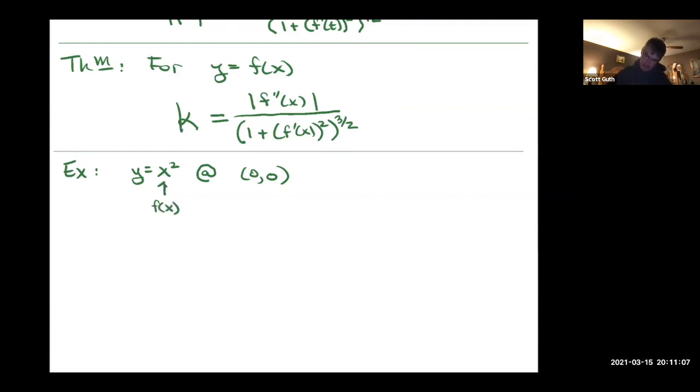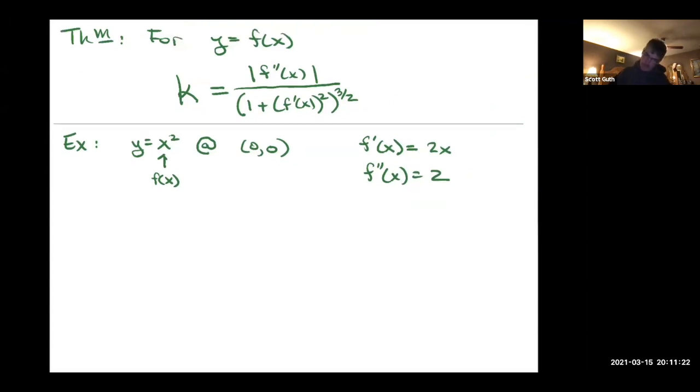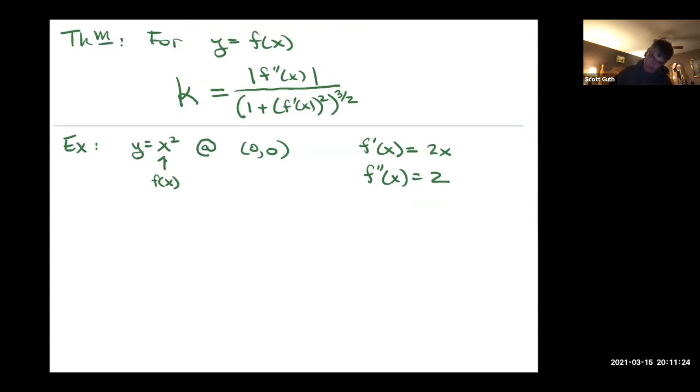So f prime of x is 2x. F double prime of x is 2. So kappa is the absolute value of f double prime, which is, well, I could put the formula in, I guess.